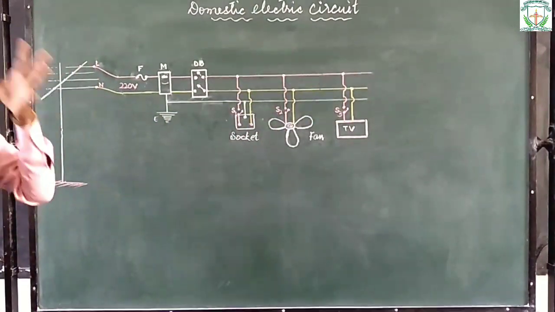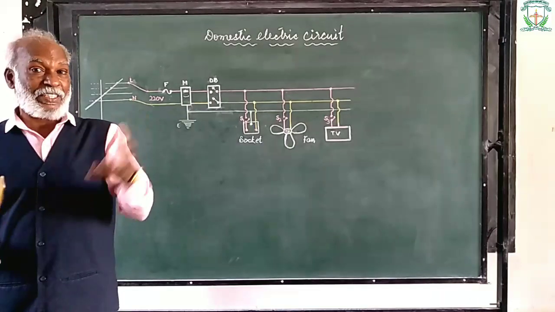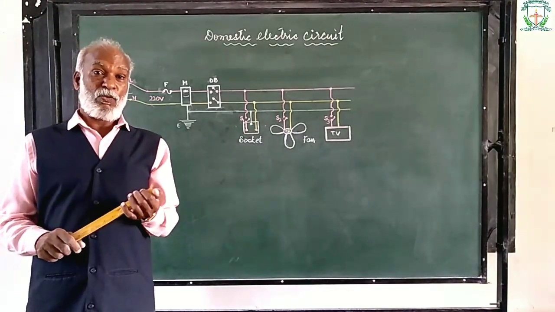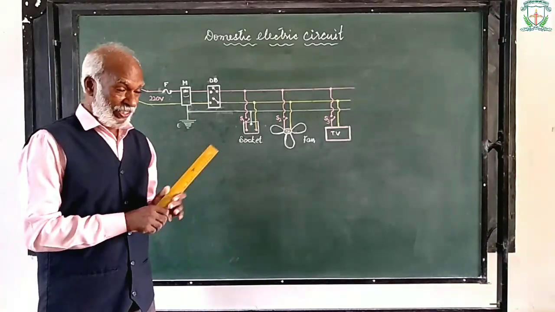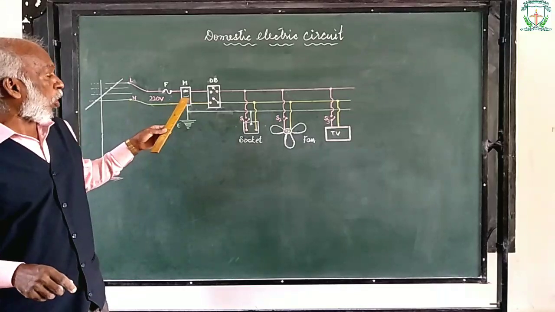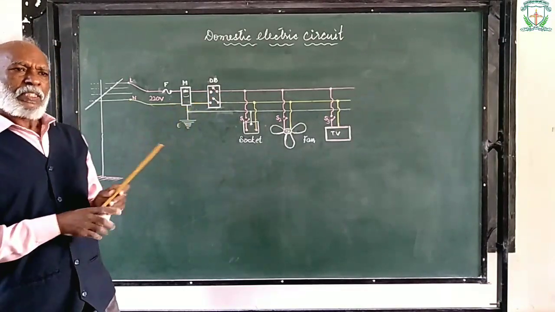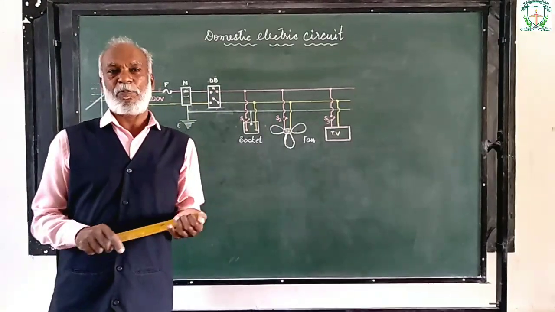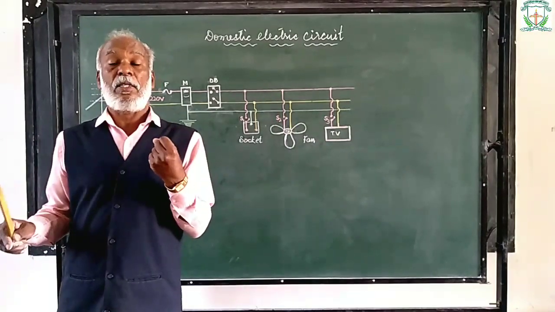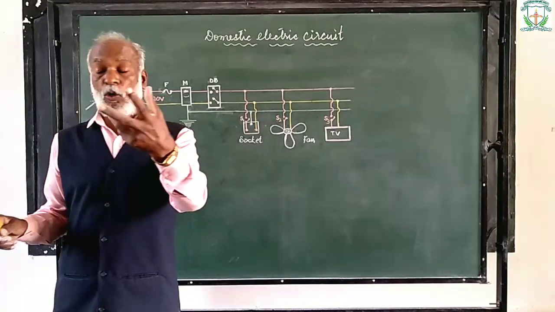Now, depending on the amount of current used for various devices, circuits are again divided from the distribution box. Say for example, in the kitchen, we make use of high current drawing devices like a microwave oven.